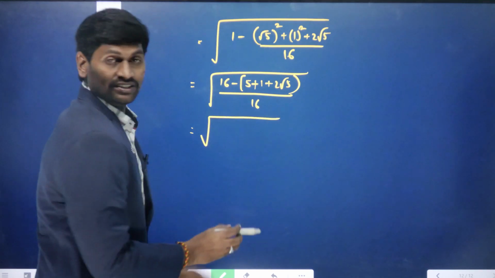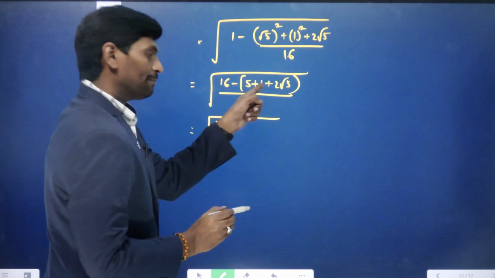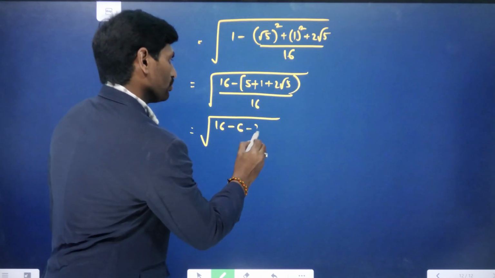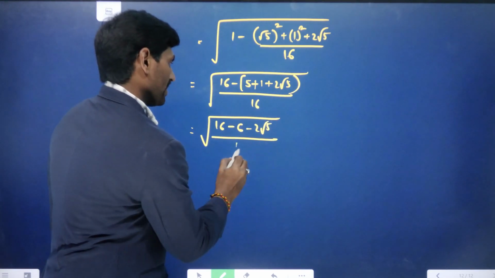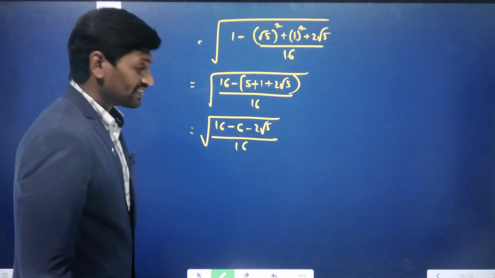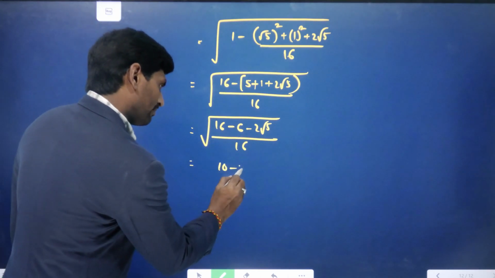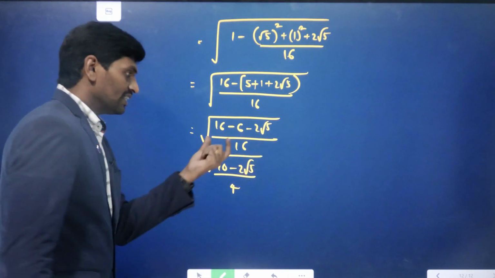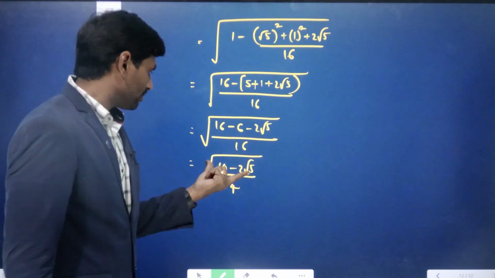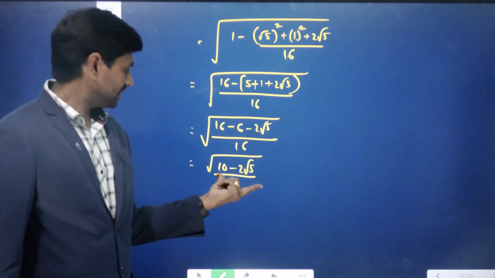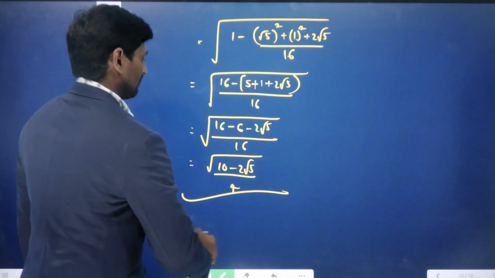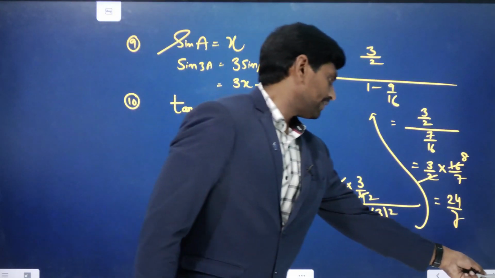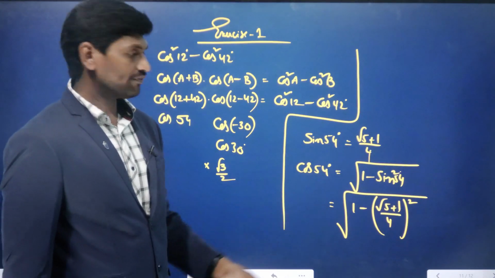After simplifying, 16 minus 6 minus 2 root 5 by 16. 16 minus 6 is 10. So it is 10 minus 2 root 5 by 16. Since the denominator 16 is a square number, we can directly write root over 10 minus 2 root 5 by 4. So this is the value of cos 54 degrees.